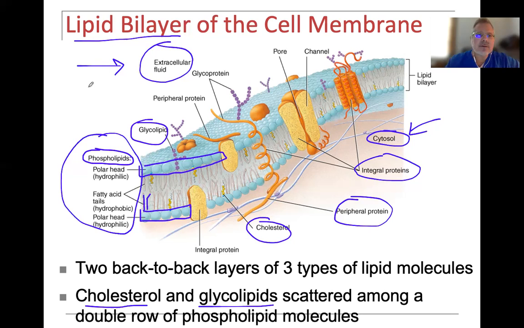We know that outside of a cell, we have more sodium and we have more oxygen. And what we'll talk about in terms of diffusion is that things go from an area of higher concentration to lesser concentration. So sodium wants to find its way from out to in.